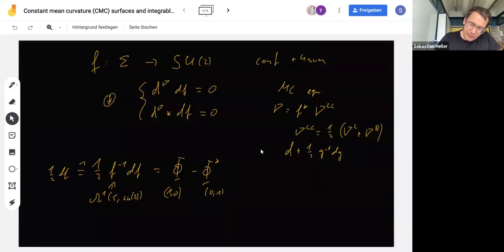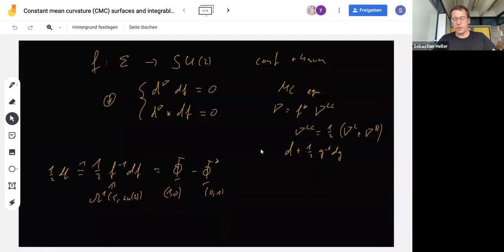So we get that nabla plus lambda inverse phi minus lambda phi star. This is trivial for lambda is 1 and minus 1.